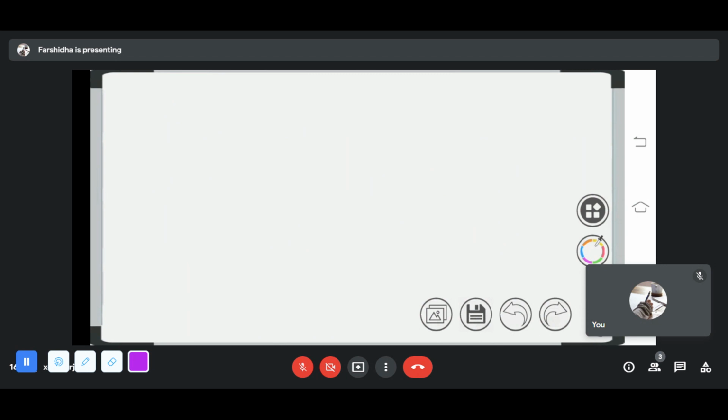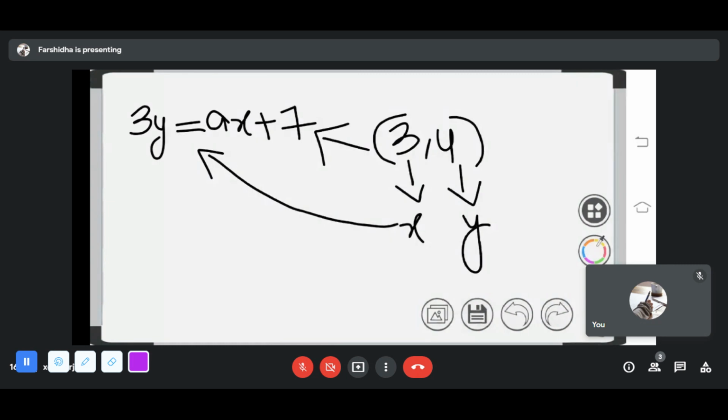Now the third question. If the point (3, 4) lies on the equation 3y equal to ax plus 7, find the value of a. Can you repeat, ma'am, I didn't hear, I was lagging.